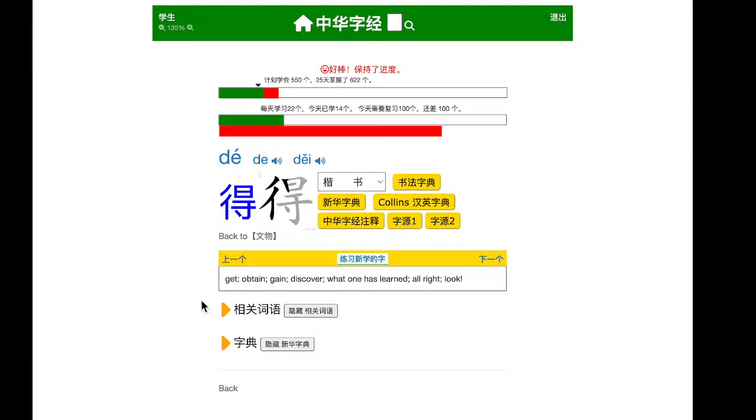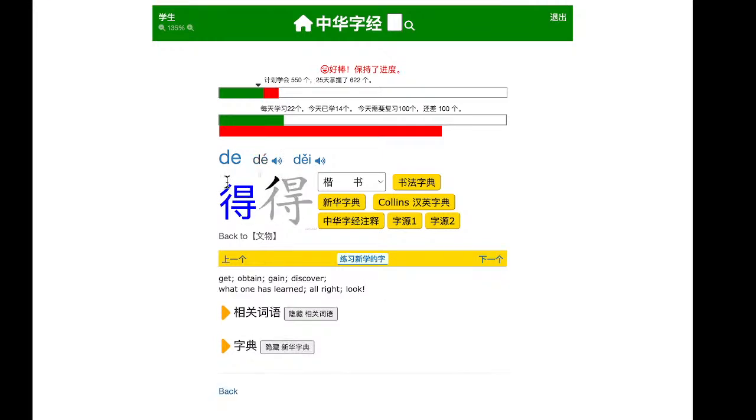得 means get, obtain, or gain. It also refers to what one has learned. 得 and it's got other readings. This is the form that's used as a... This is the one that goes after... My mind is blanking suddenly. It goes after verbs.